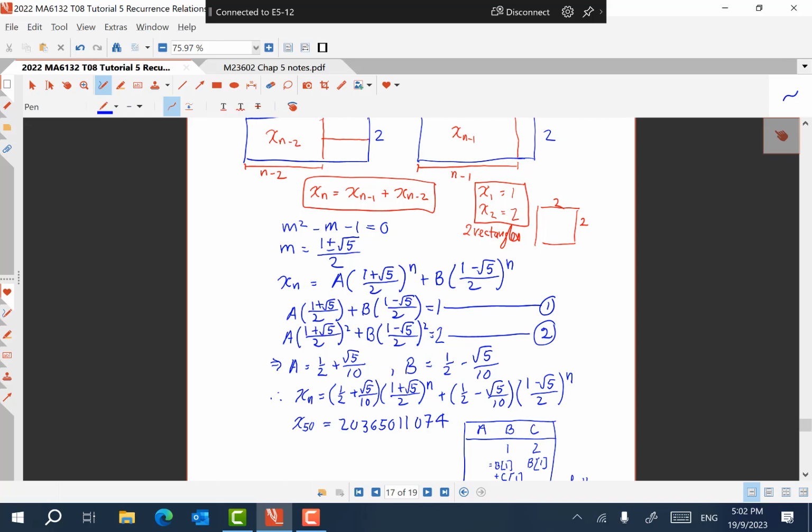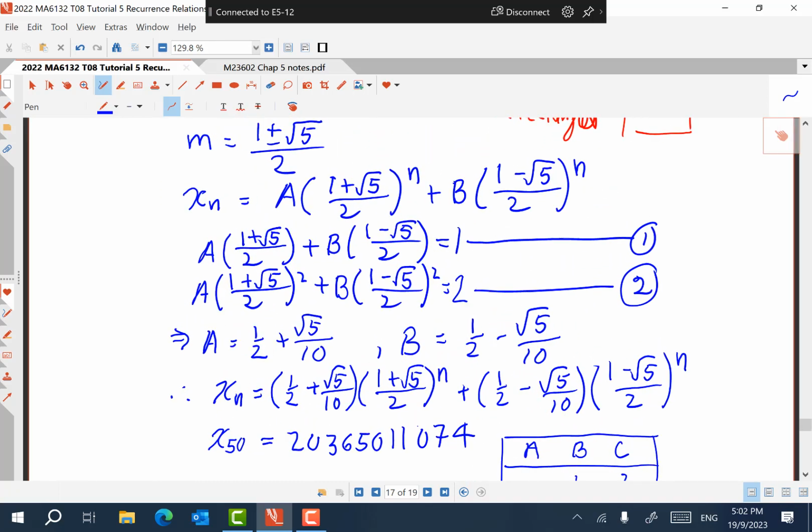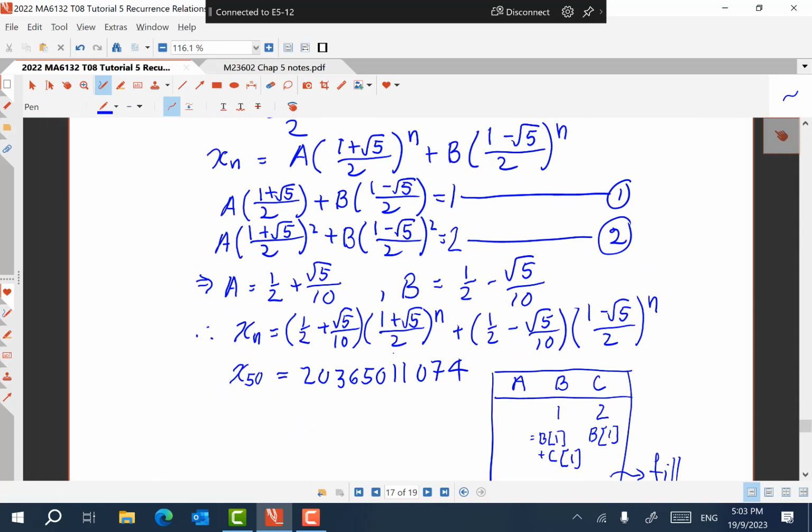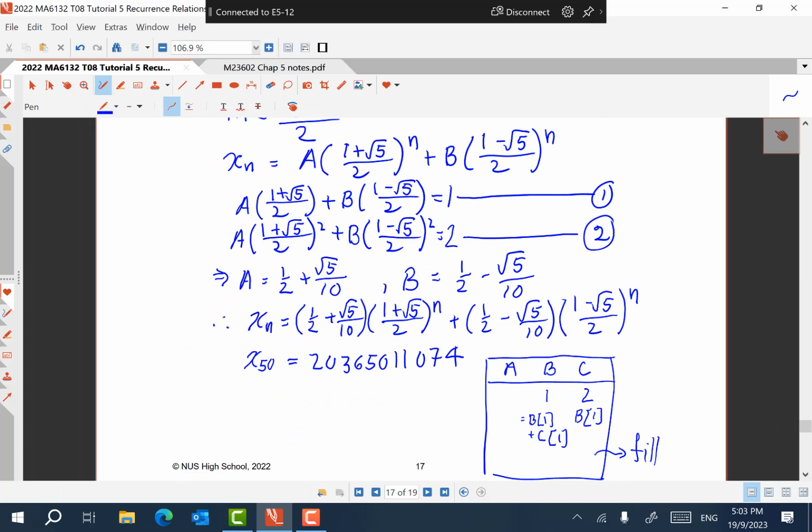Okay, a question to raise for question 11 of tutorial 5. This number is the 52nd number of the Fibonacci sequence. What sequence? Fibonacci sequence. Okay.